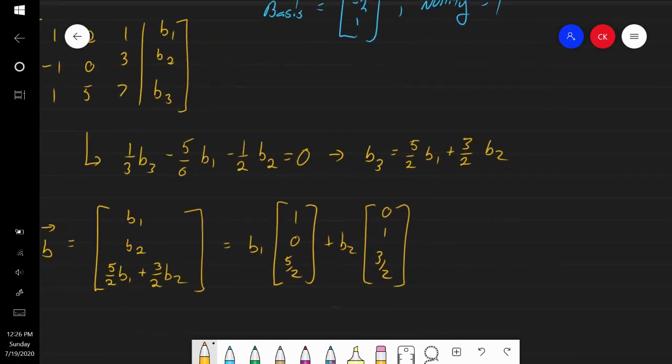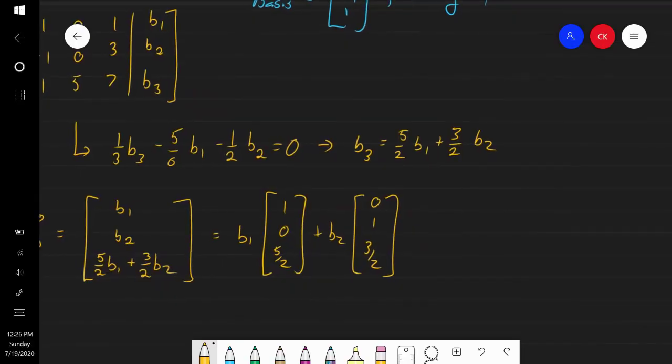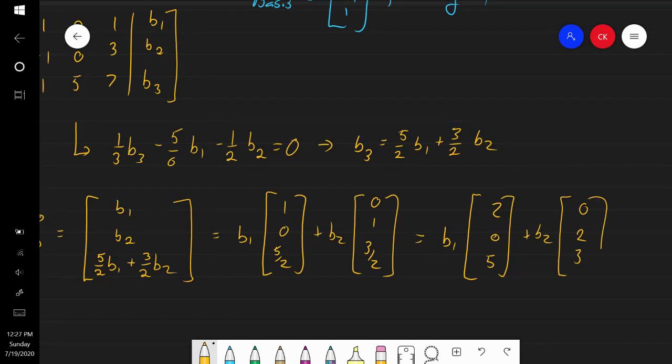And if we wanted to just maybe have some slightly more convenient vectors to work with, we could also multiply these through, just so you know. We could make this maybe B1 times 2, 0, 5 plus B2 times 0, 2, 3. Once I have a couple of basis vectors, any scalar multiple of those basis vectors would still work just fine for us.